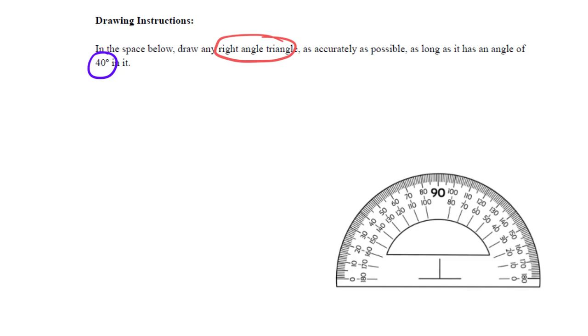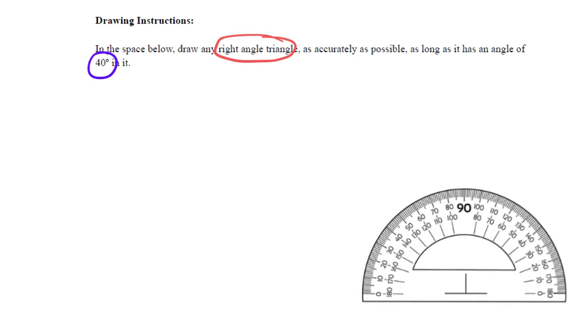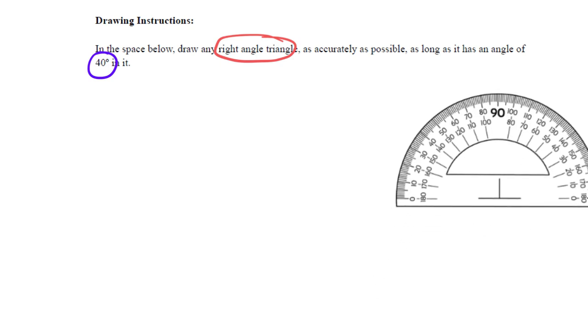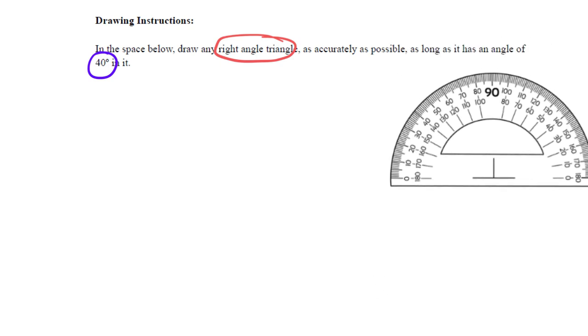Just watch the process. Okay, in this big space in the middle, I've got my protractor. What I need to do, and I'm just going to move my protractor out of the way, I want to take my ruler and I'm going to draw one side of my triangle. Now, I don't know how big this triangle is going to be yet. So maybe I just draw a horizontal line. I'm going to move my protractor way up to the top here.